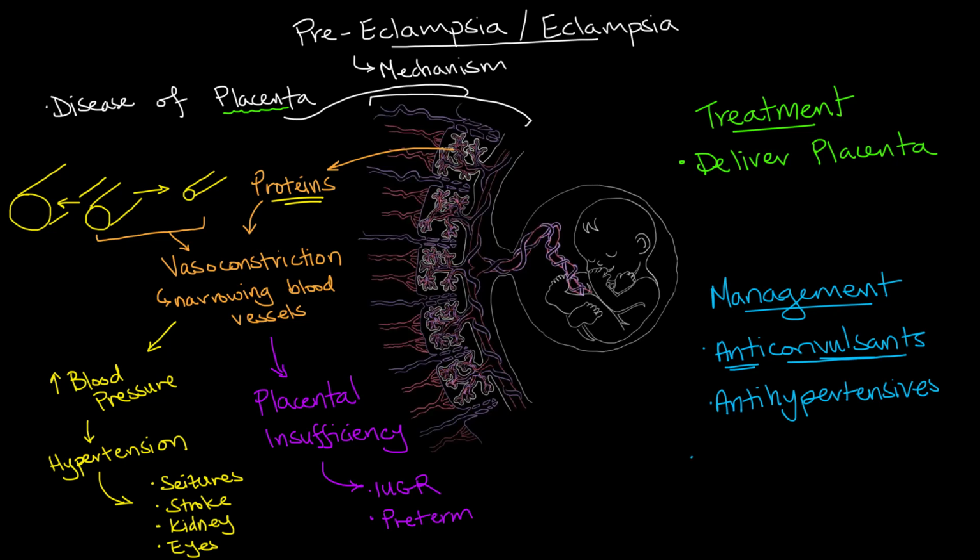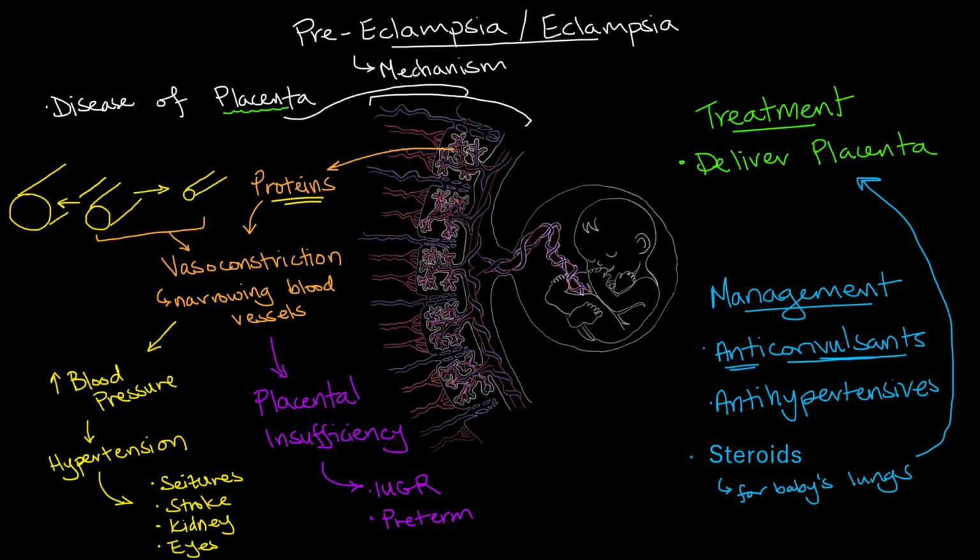And then you could also give steroids. This is to help develop the baby's lungs quicker. You may want to be considering a preterm delivery to remove this placenta to treat the eclampsia, and if you have a preterm baby, giving steroids helps the baby's lungs develop.